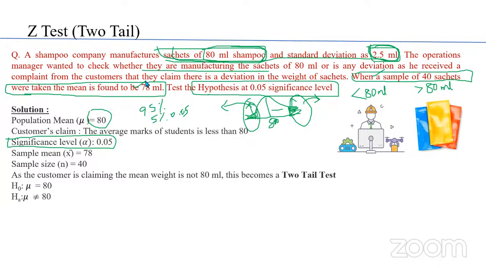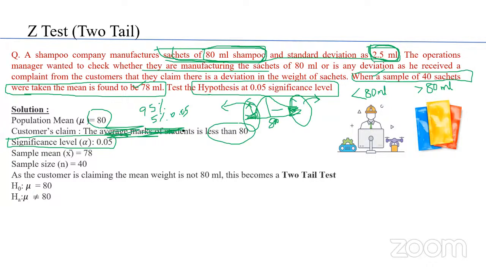Now we have to check which test should be used. First check we have done, and we identified this to be a two-tailed test, because you have to check whether it is less than 80 or not. There is some error on this slide, so don't read this.